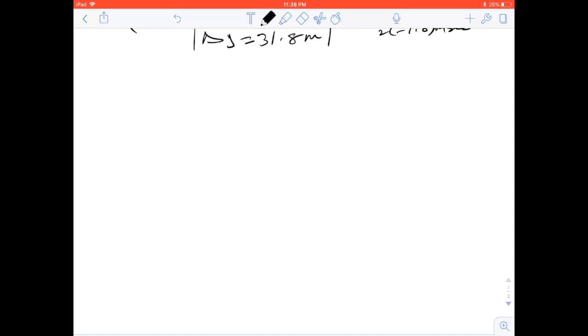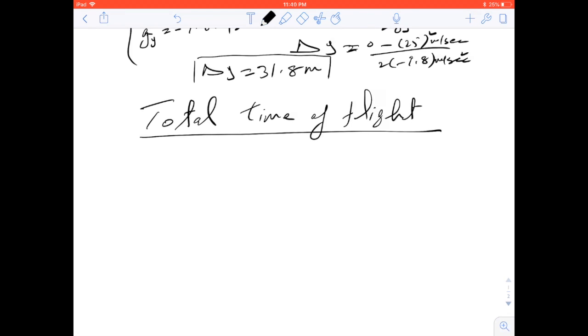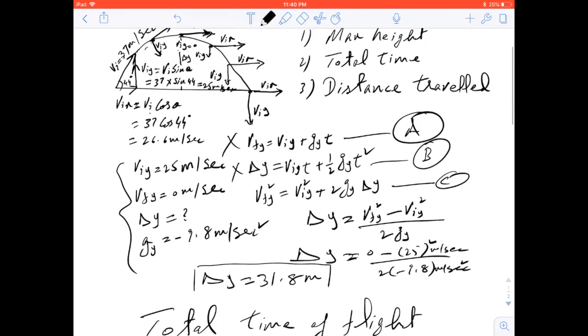To calculate the total time of flight, we need to understand one part.